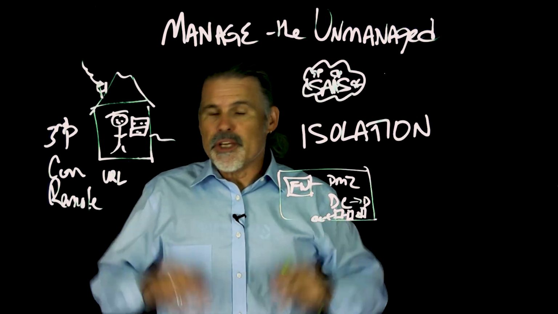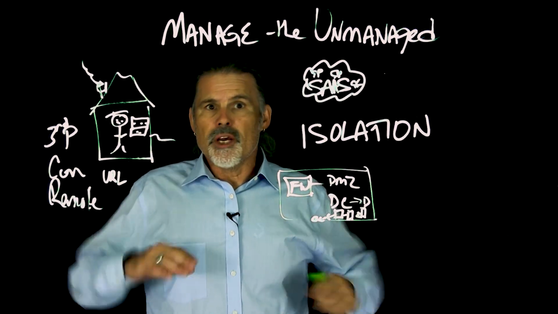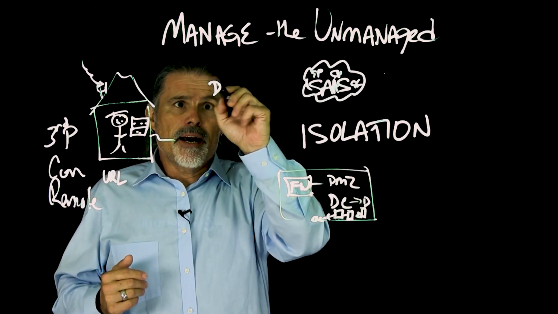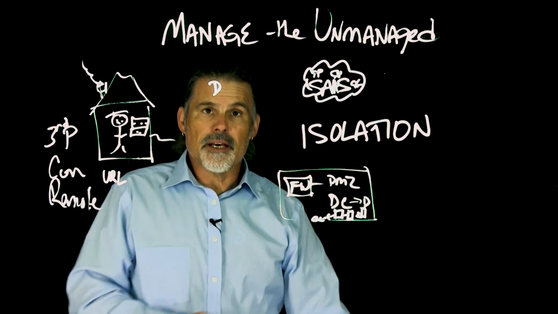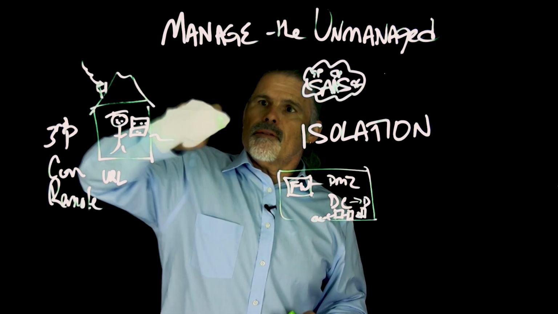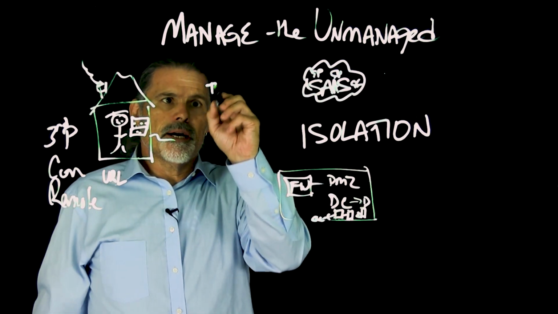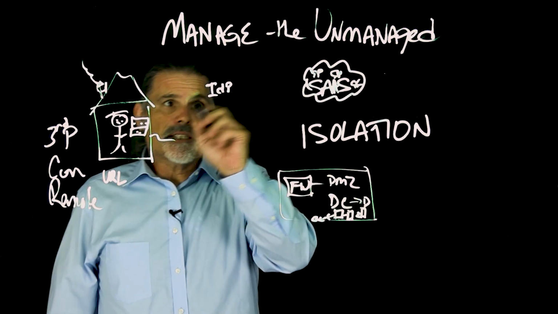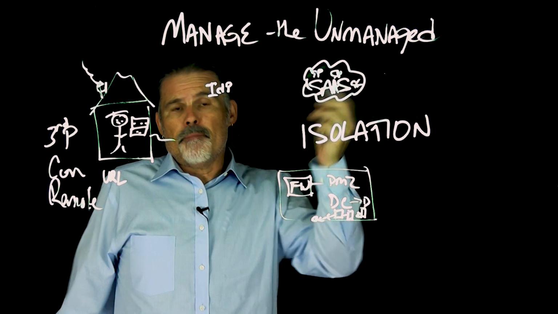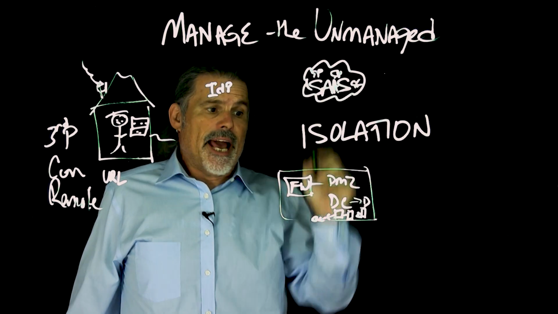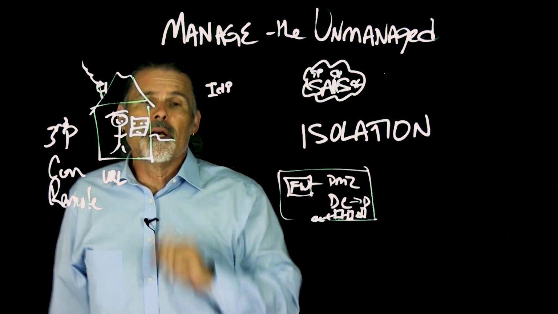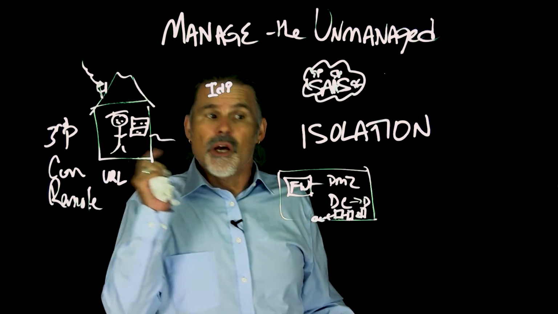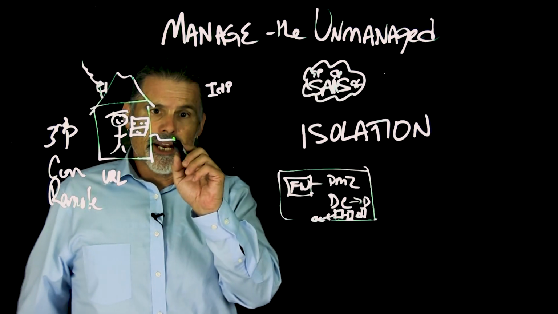They'll probably do a SAML assertion to an identity provider, your IDP. So they go out to the IDP. The IDP says, oh, you want access to this stuff over here, but you're an unmanaged device. Because they're an unmanaged device, we are going to isolate them.